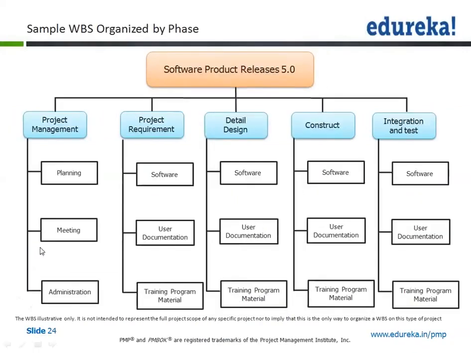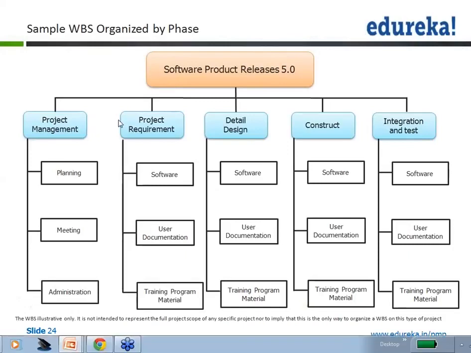Let me share something more on the sample work breakdown structure. Now this work breakdown structure is a little different, and what is done in this structure is that it is more from the perspective of identifying various phases.